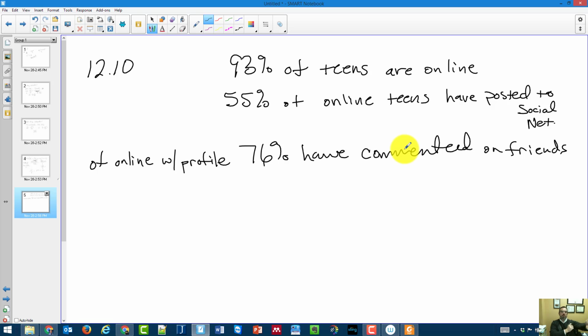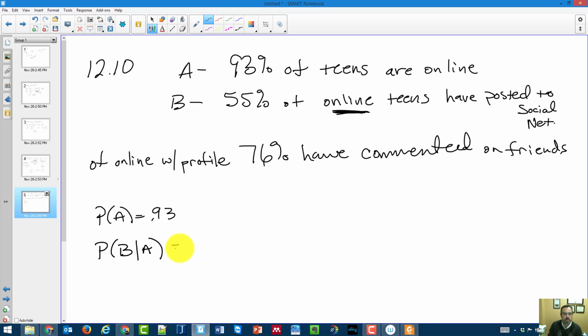So I want you to notice what they're saying here. We're going to say the probability of A is 93%. That is, teens are online. So this is A. Here is B. But we are already saying that these teens are online, so that's really the probability of B given that A has already occurred, is 0.55.